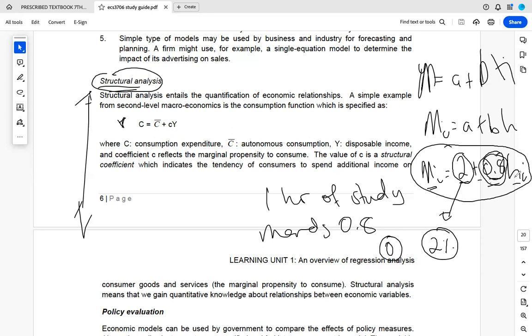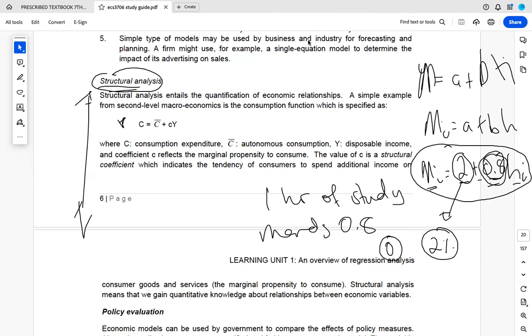That's what it's telling us. So basically, we've come up with a theory and then a mathematical relationship, and we've estimated parameters. And then these parameters actually tell us something. They have a structural interpretation to them. That's what structural analysis is.